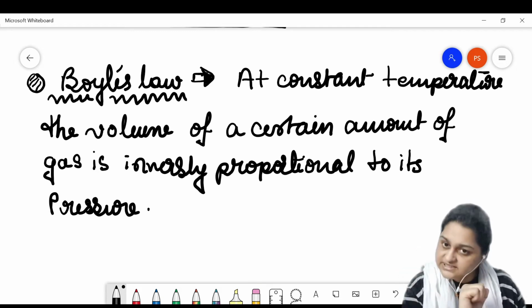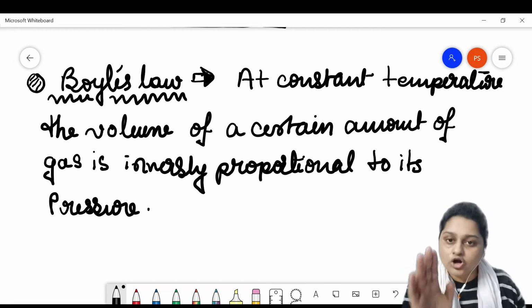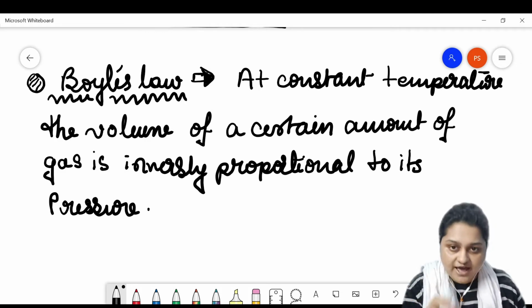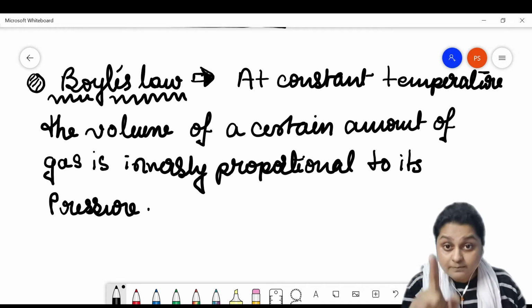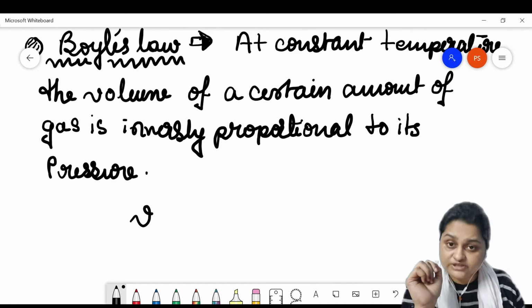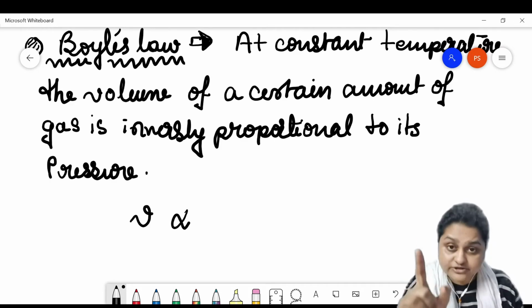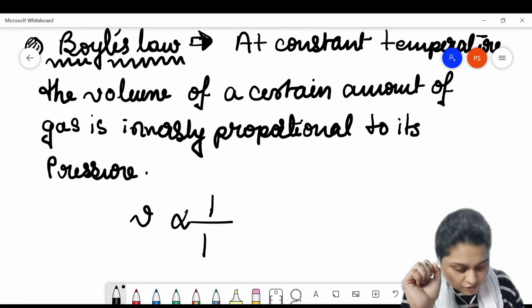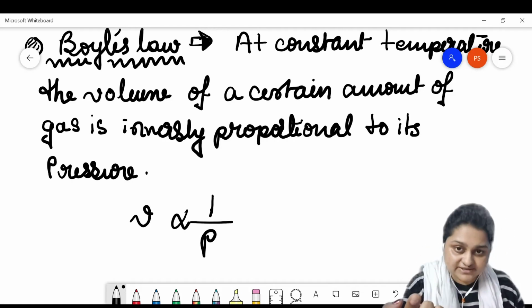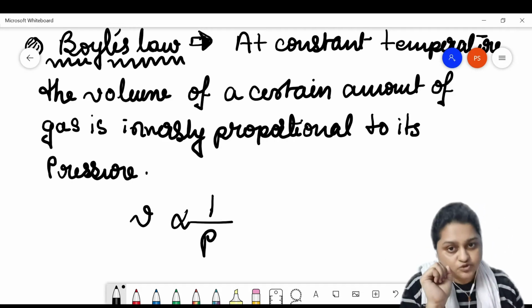So what is the statement of Boyle's law? It says that at constant temperature, the volume of a certain amount of gas is inversely proportional to its pressure. Let's say V is the volume of the gas; Boyle's law says it is inversely proportional to the pressure of the gas. If pressure increases, the volume of the gas will decrease.